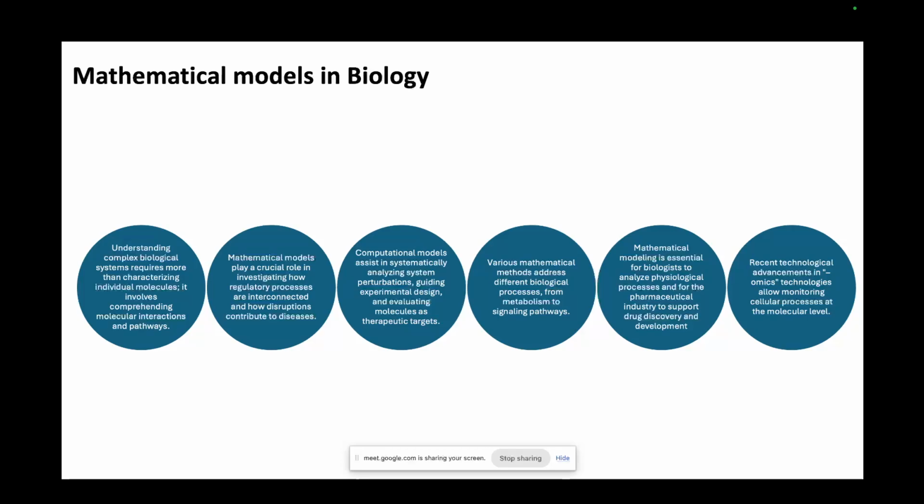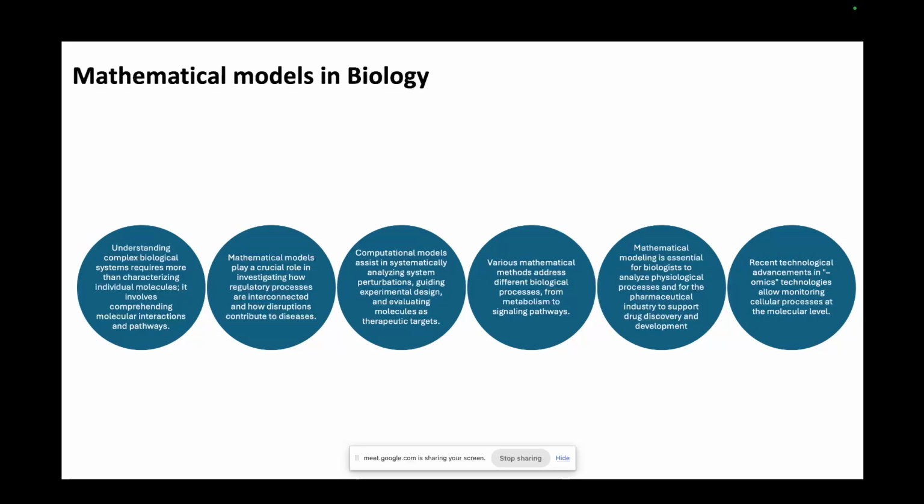As I was saying, biological systems in general are very complicated, so it is very hard to understand what exactly is the role of a particular component of that system, be it a gene or a pathway.